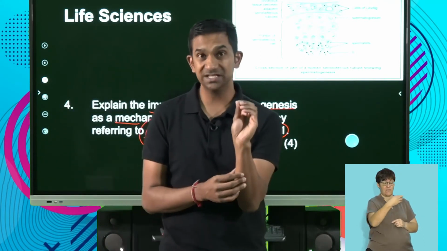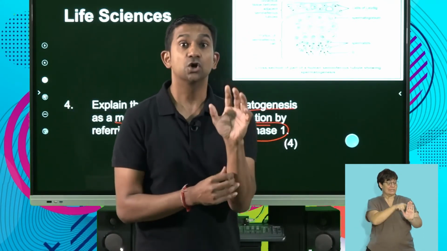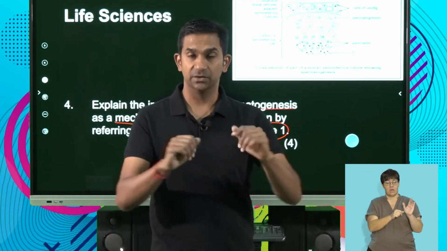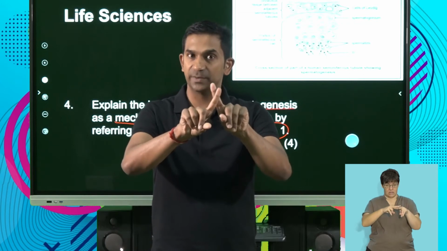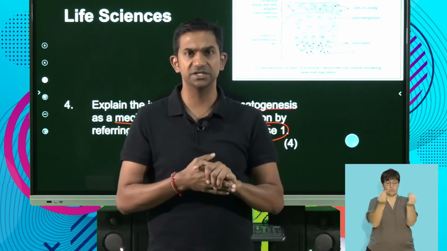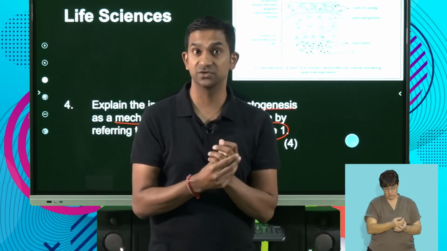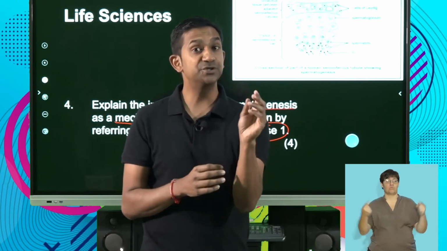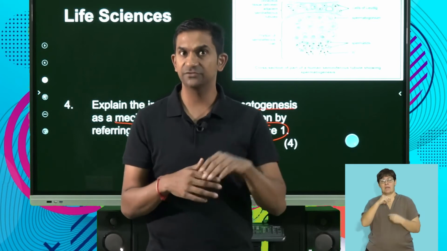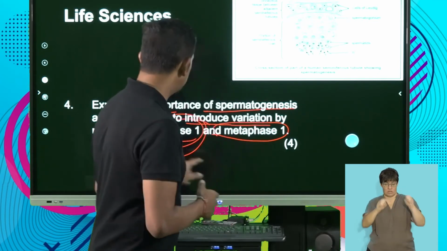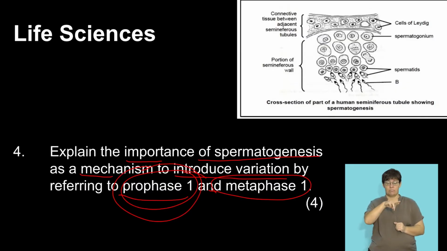And so the key concept of prophase 1 is that crossing over occurs. And we saw that the homologous pairs lie next to each other with the inner chromatids exchanging genetic information. And that process is referred to as crossing over. And that produces variation in the resulting gametes at the end of meiosis 2. So in prophase 1, we know that crossing over occurs, and that is the variation that we see in the gametes.